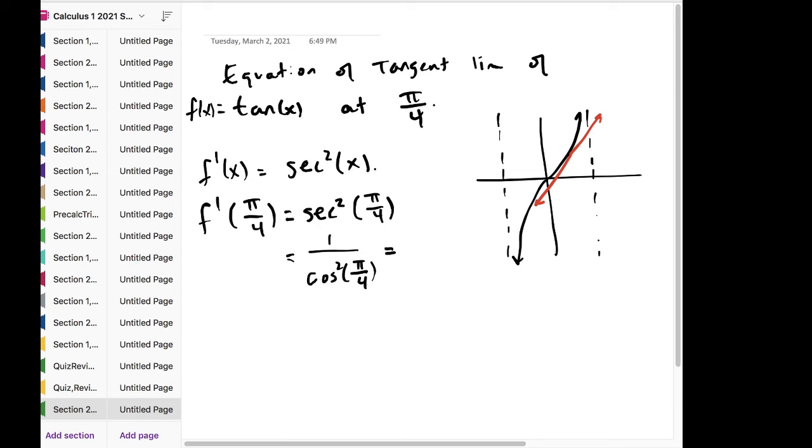Remember those? Pi over 4 is the nice angle, right? Good, square root 2 over 2, too. It's the one where sine and cosine are equal.